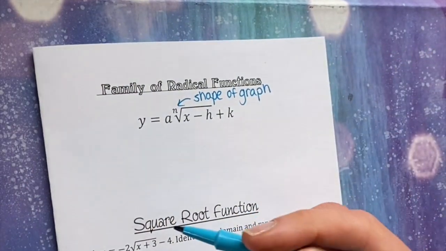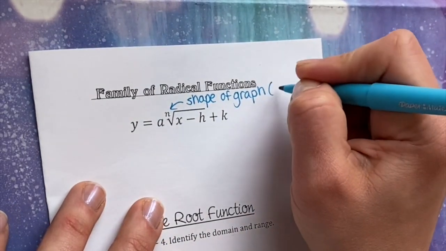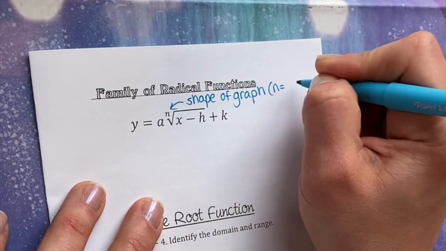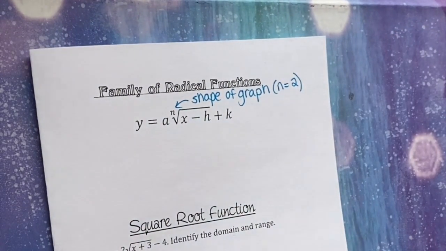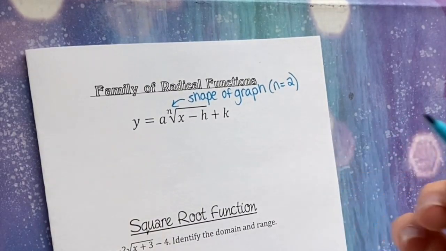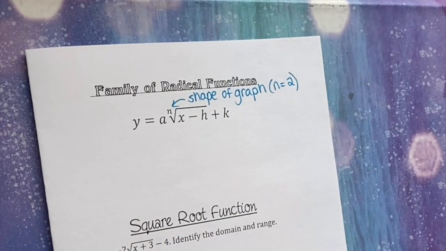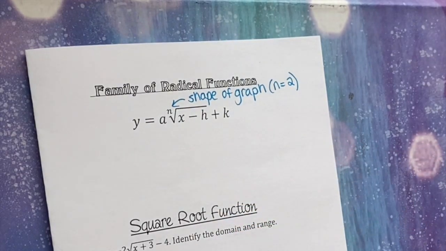Since we're just working with the square root function, for our examples, n is going to equal 2, because when the index isn't written, it's automatically 2. So the shape of our graphs will be the same as what I showed you with the parent function. It'll be a curve that starts at one point and then continues on in one direction.